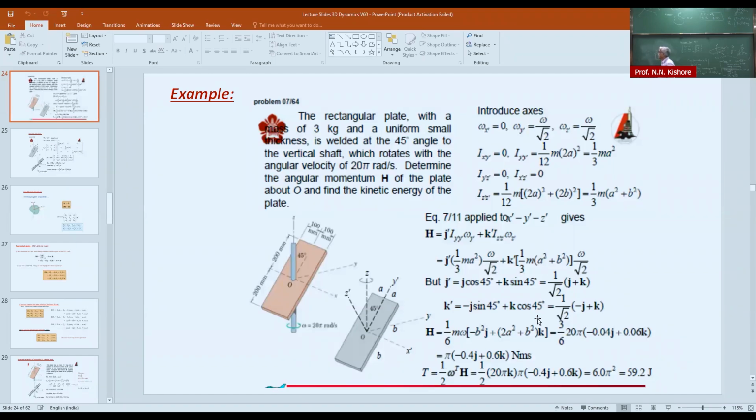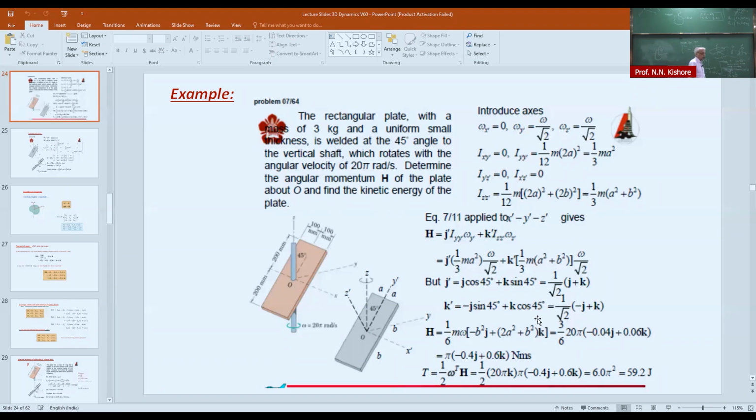The rod is going through the center of the plate, but at an angle, and the plate is set in motion about the rod. There is a certain angular velocity for the rod, and the plate is rotating along with the rod.